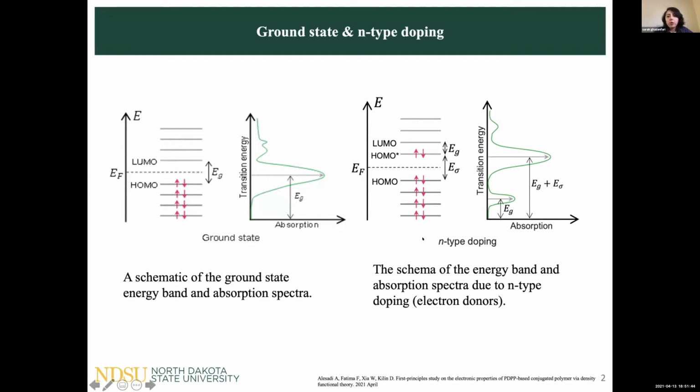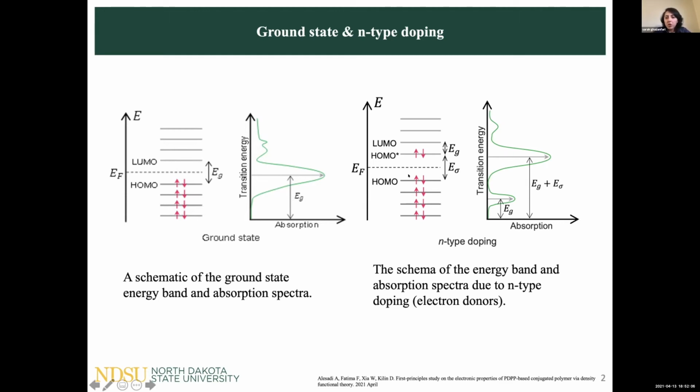For the n-type doping, which here stands for the negative, it means that we insert 2 more electrons into the model, so we call it anion. You can see the absorption spectra on the right as well, and that the HOMO and LUMO changed.